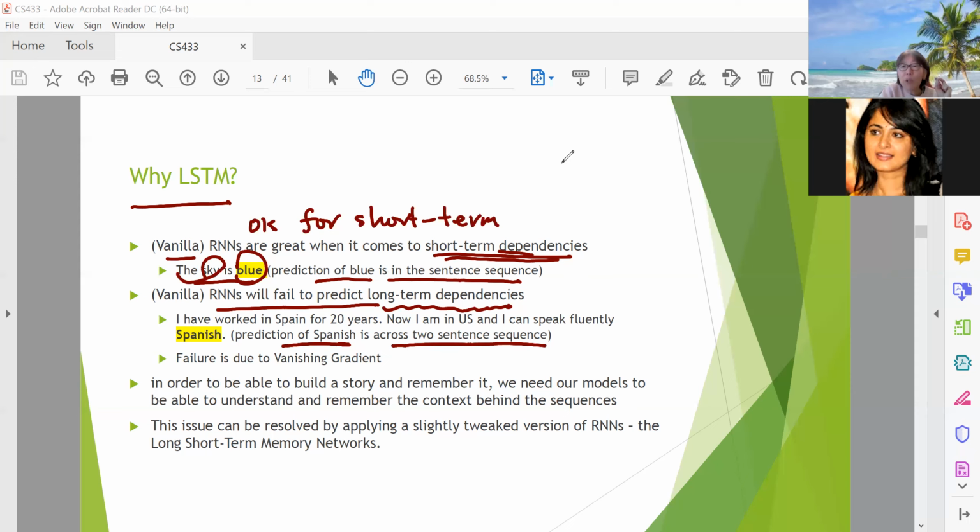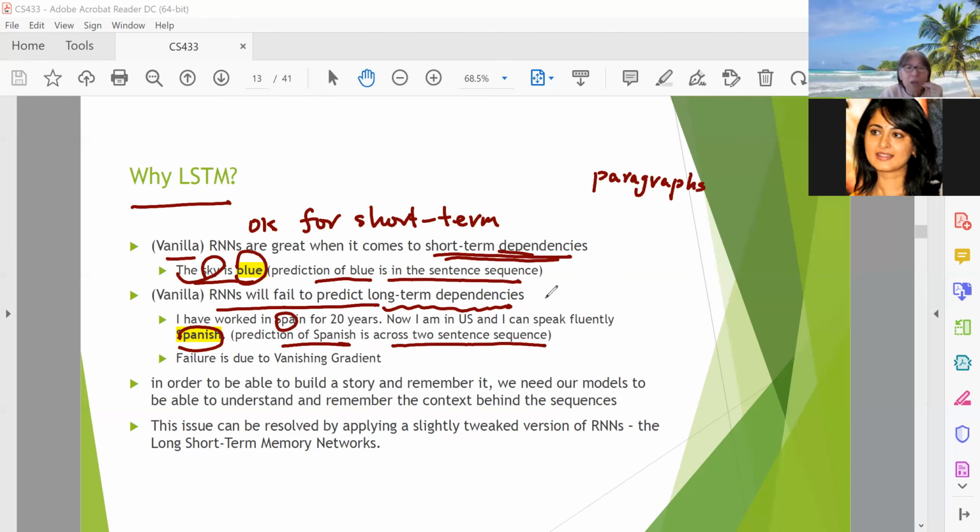When we do natural language processing, whenever we have an article, we also have paragraphs, which are multiple sentences. So maybe the first sentence and the last sentence have a strong relationship. How can we keep memory of the first sentence when we predict the last sentence? Because here, Spanish and Spain are across two different sentences.